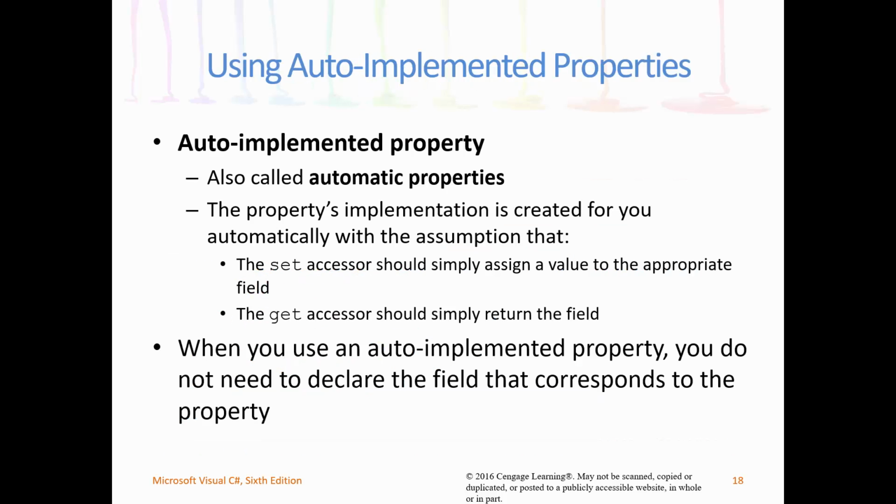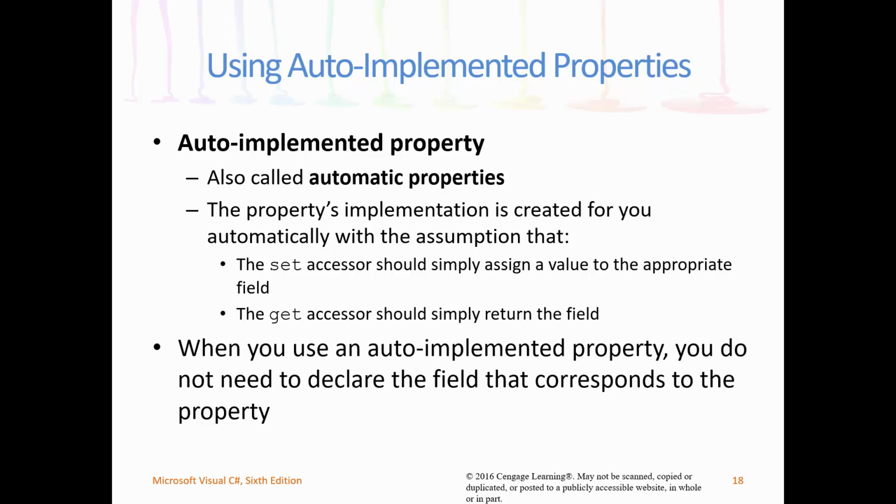All right. So we talked a little bit about properties, and we looked at one way that you can set up properties. Another way, and the way that's probably used more often, is what's referred to as auto-implemented properties or automatic properties. As it says, the property's implementation is created for you with the assumption that the set should simply assign and the get should simply return.